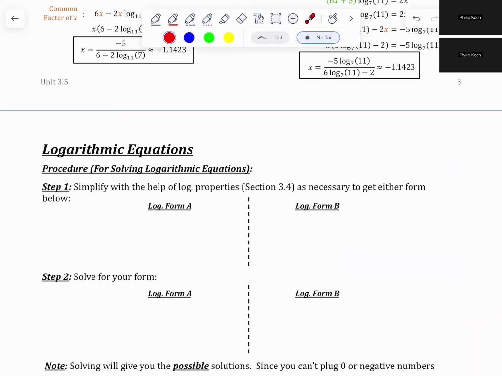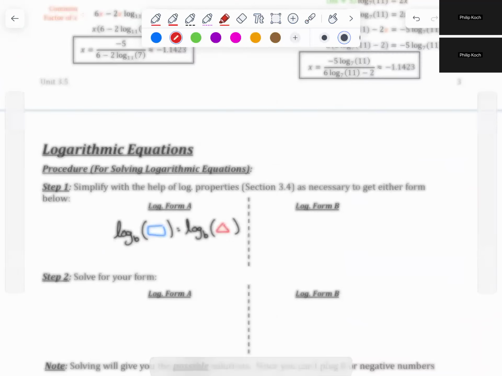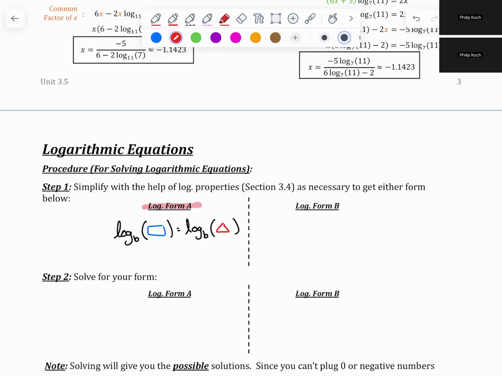You can either get log base b of a blue box equals log base b of a red triangle. That is going to be log form A. And then log form B is if you get log base b of a blue box equals a number.